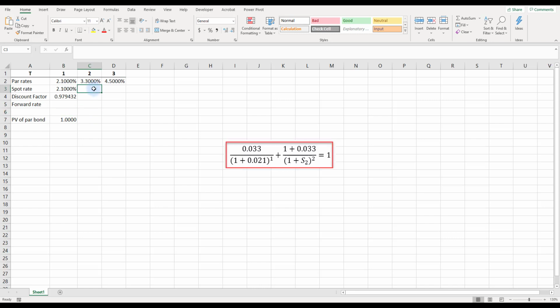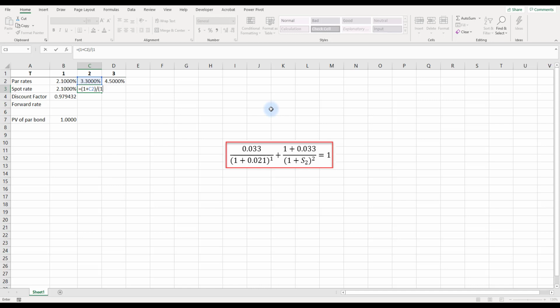We can use a very simple formula. I will take 1, which is the par value, then plus the coupon rate, in this case 3.3%. Then we divide by the price, which is 1, or the par value.